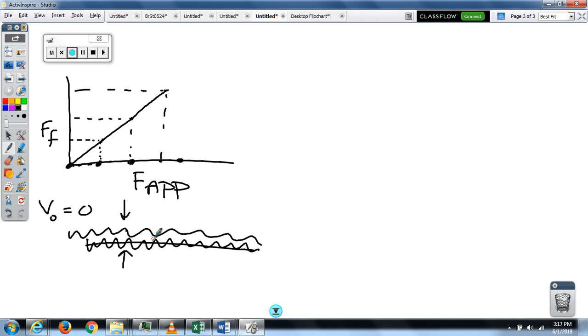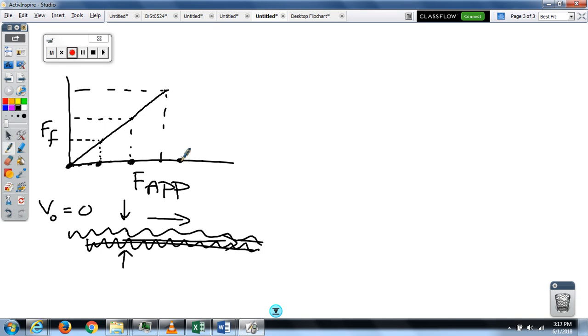But if you get the thing to start to move, then instead of settling into these grooves, they just slide over the top. So it gets a little bit easier for many different types of surfaces and substances to keep an object moving over top of it once it's already in motion.